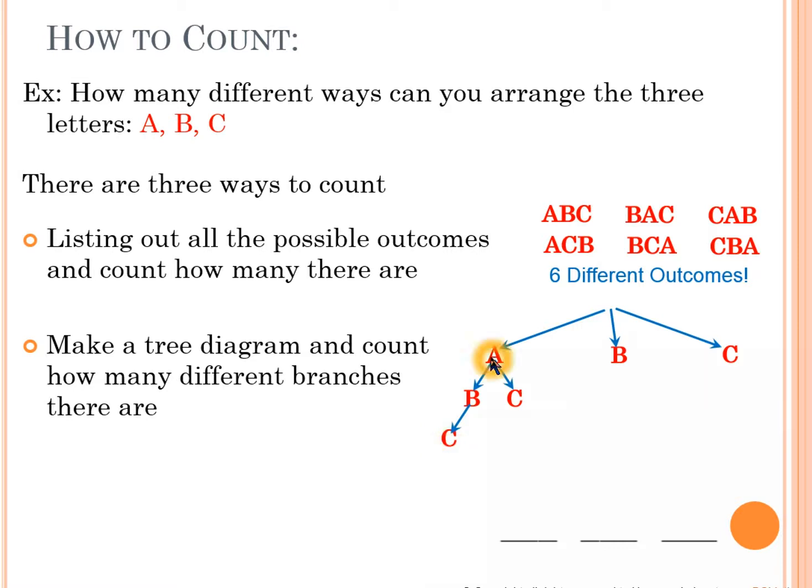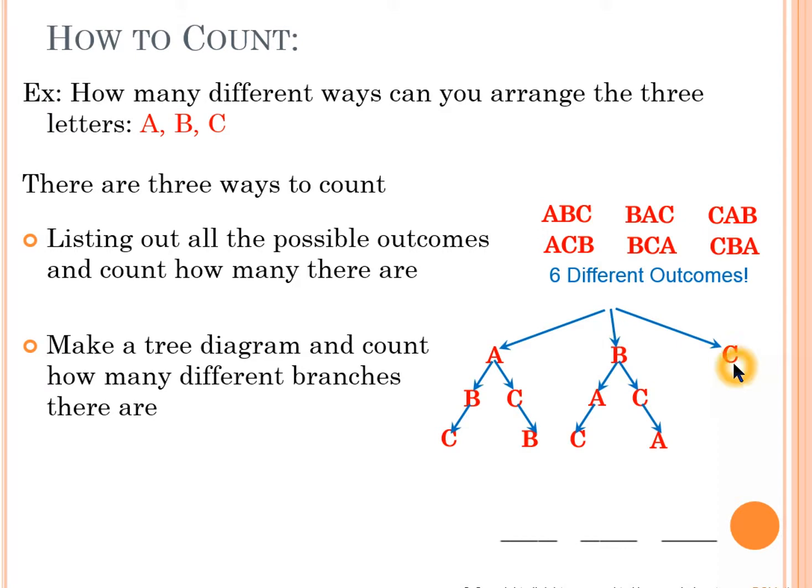And if I have C for my next letter, then that means the third letter must be B. And if I draw out similar branches for the letter B, then I'll have A and C. If I pick A, then I must have C. If I pick C, then I must have A, and that will complete all the branches for the letter B.